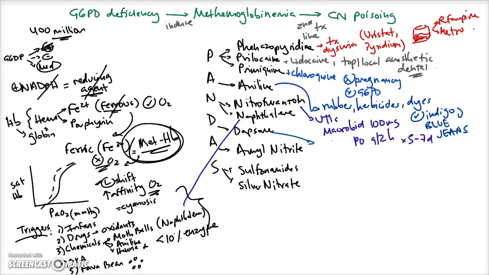Dapsone, I'll mention with sulfonamides. Remember that, when used as antibacterials, they are significant in this step of the reaction in the formation of folic acid, the formation of DNA.